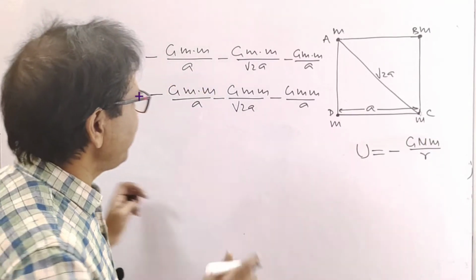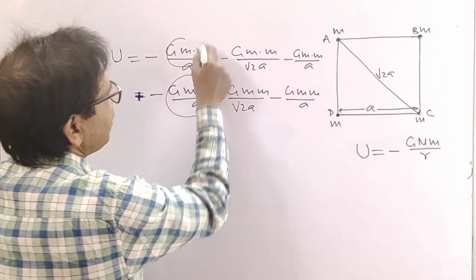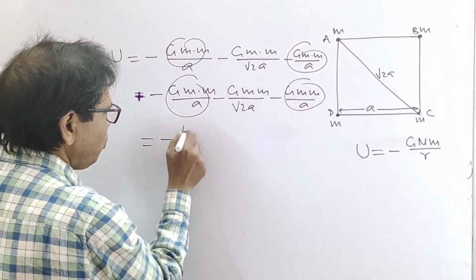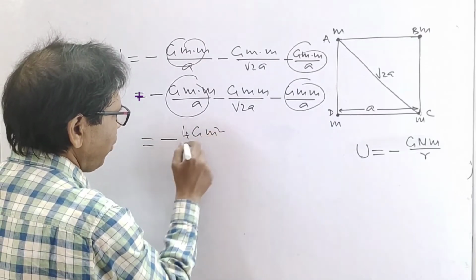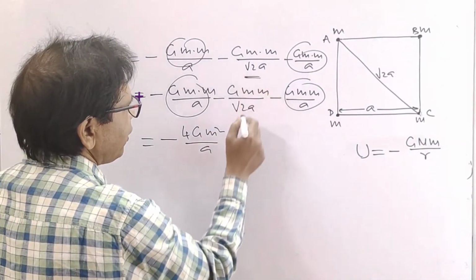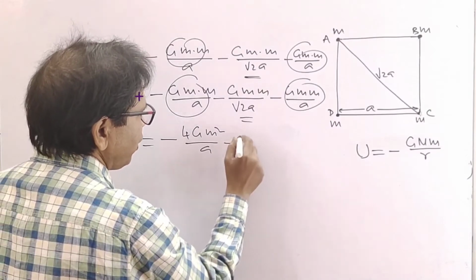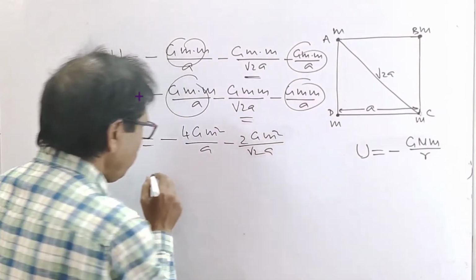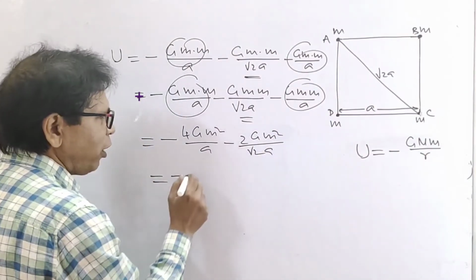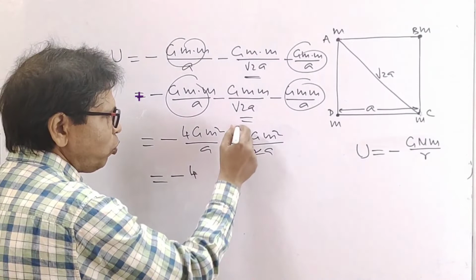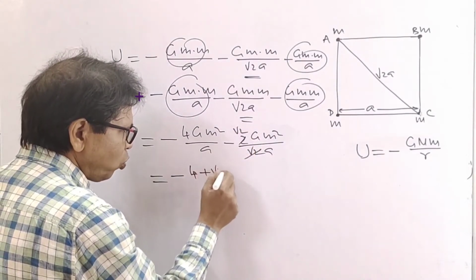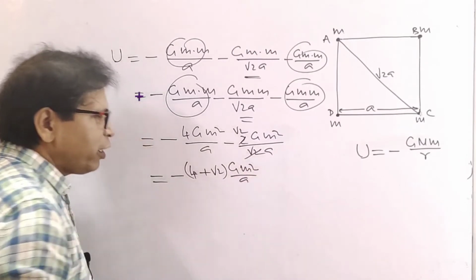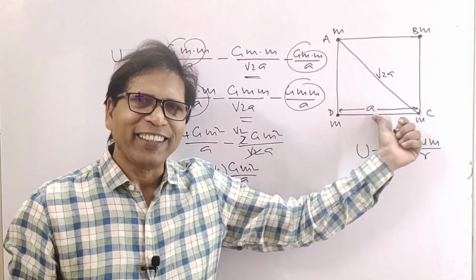Look at this, these are identical terms, so this is minus 4Gm square by A. Look at this and this are identical terms, so this is minus 2Gm square by root 2a. So look at this, this is the negative sign of 4, and this is root 2. So 4 plus root 2 into Gm square by A is the potential energy of this system.